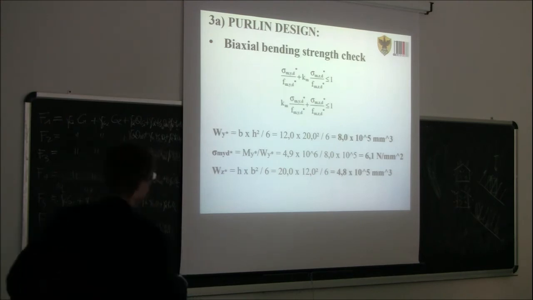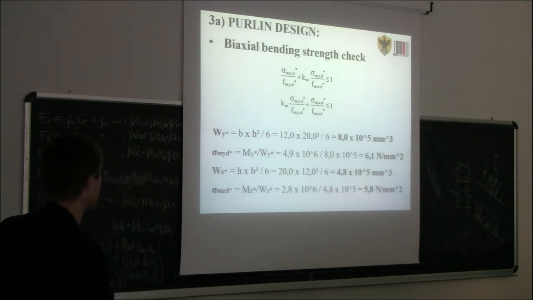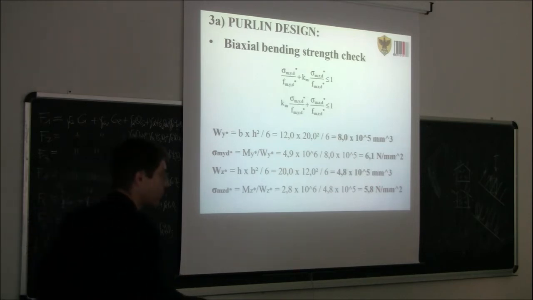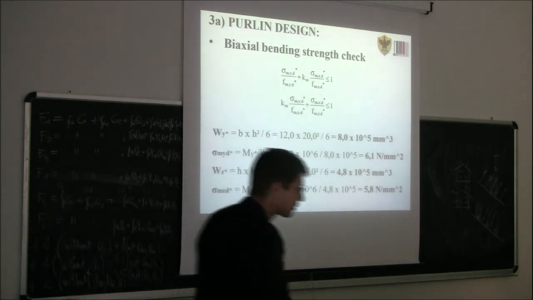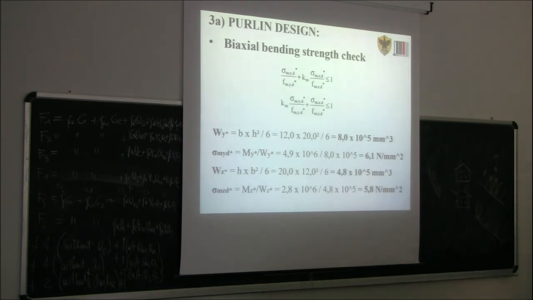Then we do the superposition with the other bending moment, where we have the cross-section modulus h times b squared divided by 6, and sigma_m,z,d asterisk is basically 5.8. So what we've done now is decompose this biaxial bending into two simple bending problems. In one case we get a sigma of 6.1 Newton per square millimeter, in the other case a sigma of 5.8 Newton per square millimeter.